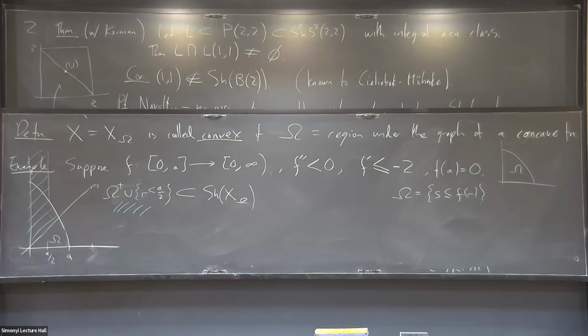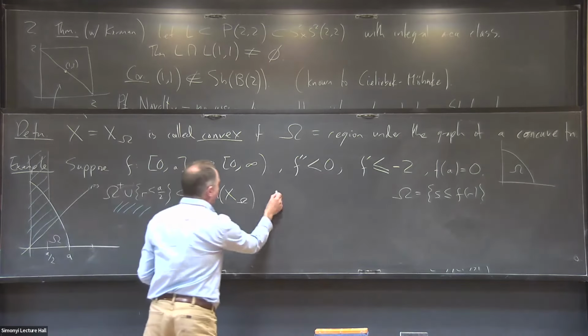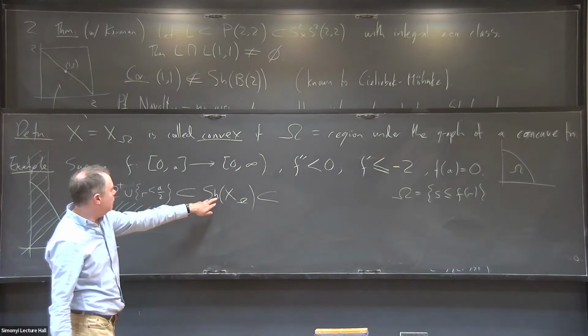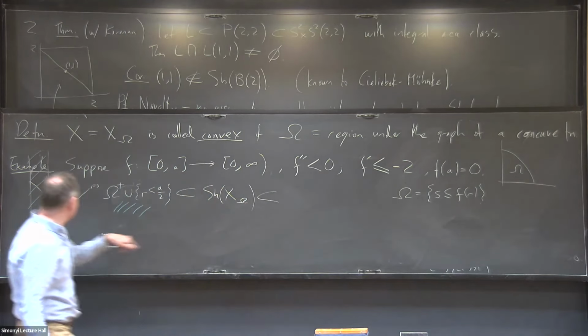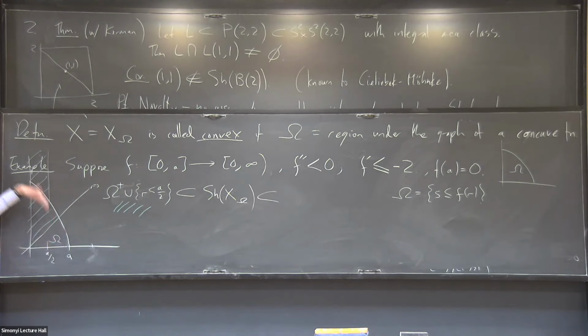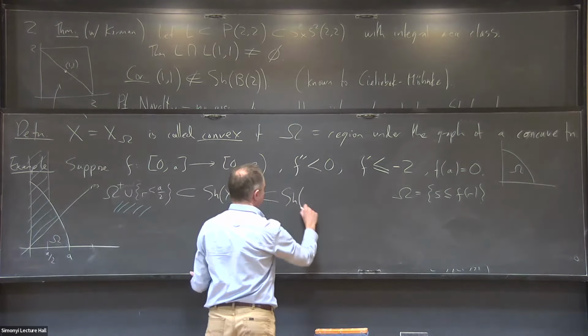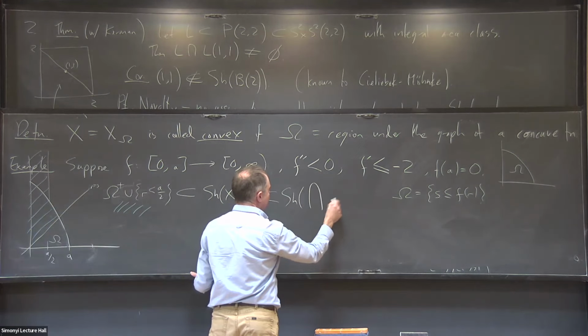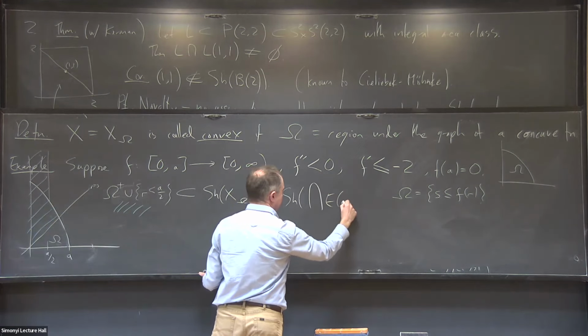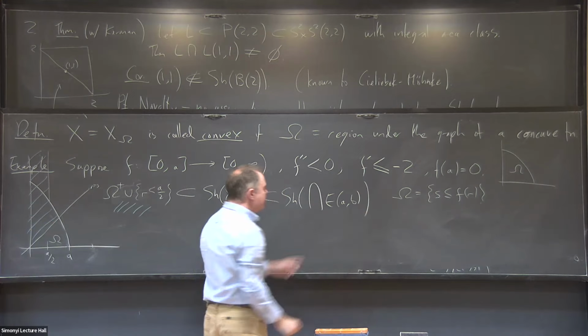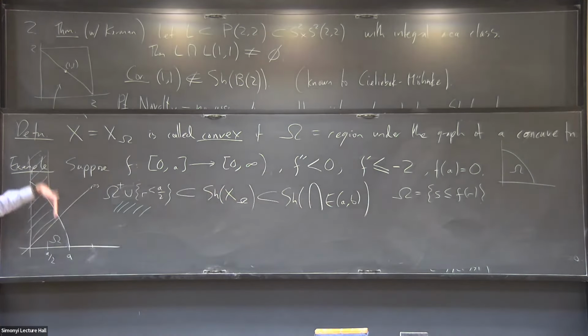Meanwhile, what is omega? Because this is convex, it's an intersection of ellipsoids. This is the shape of an intersection of ellipsoids, and the ellipsoids you take are just the supporting hyperplanes here. So you draw these things on, and you take a union of all those.